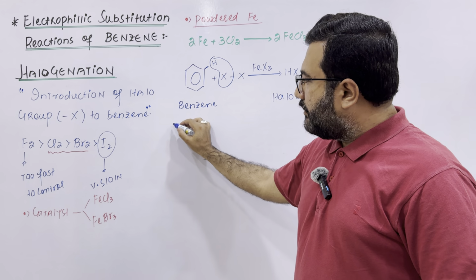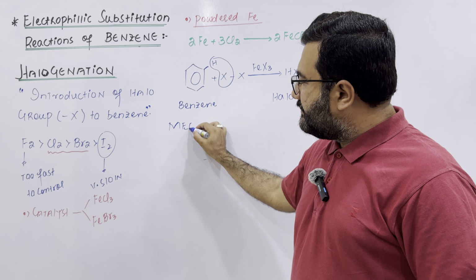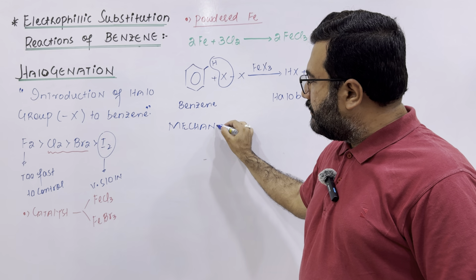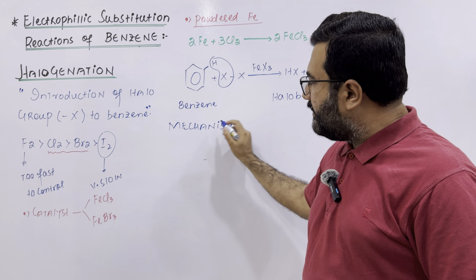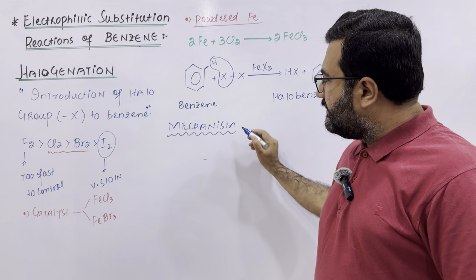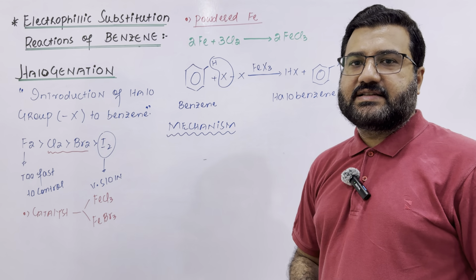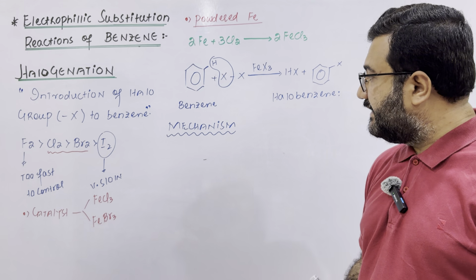We can also talk about the mechanism of this reaction, and the mechanism will follow the same steps as we have already discussed in the general mechanism of the electrophilic substitution reactions of the benzene.